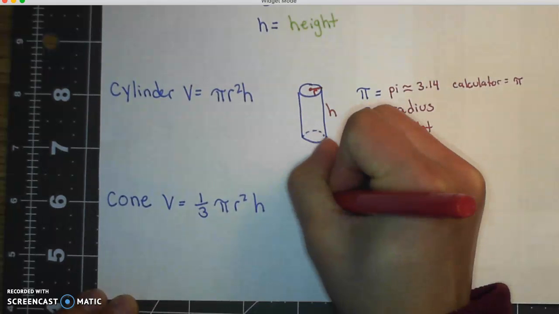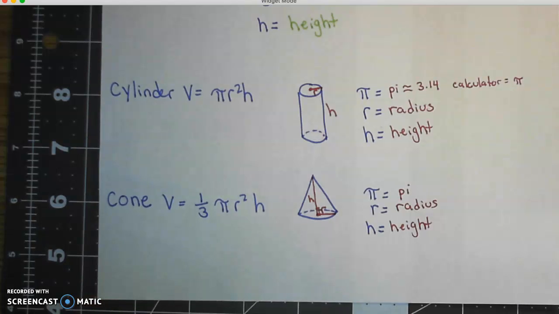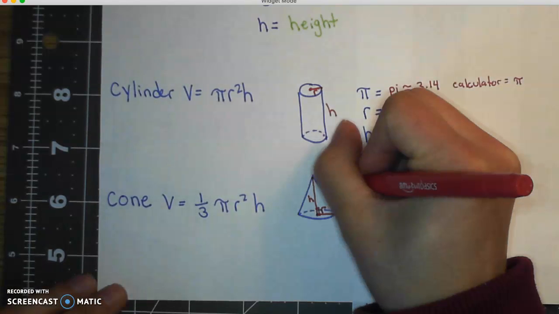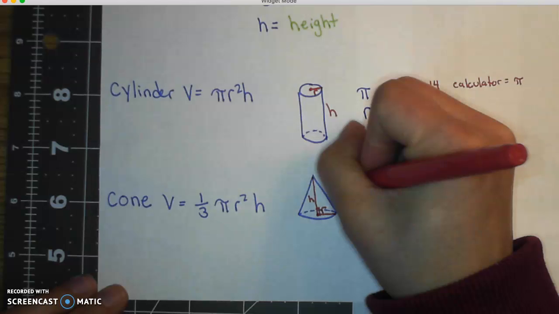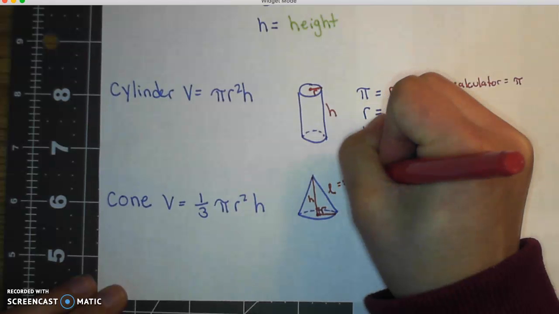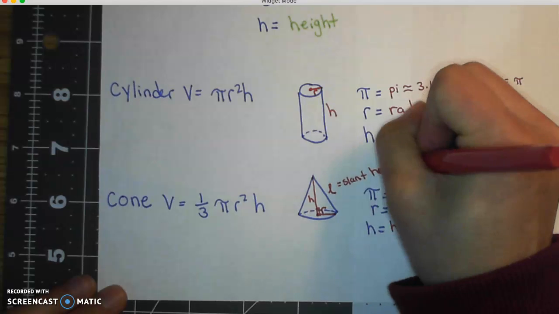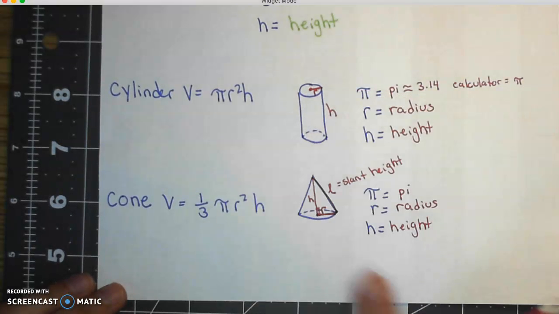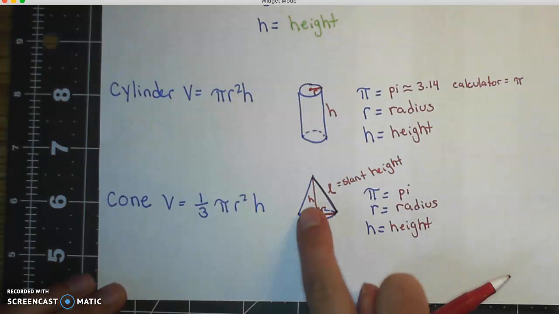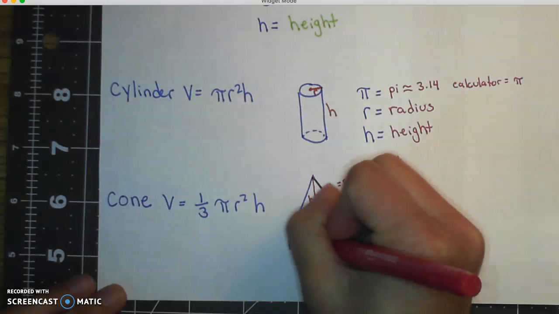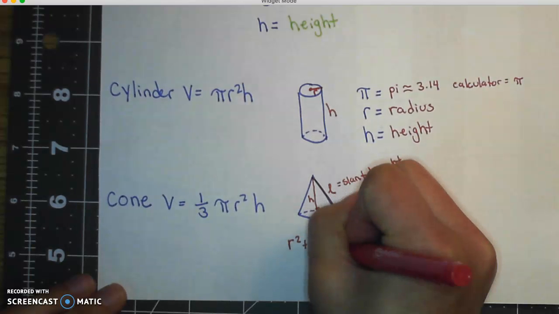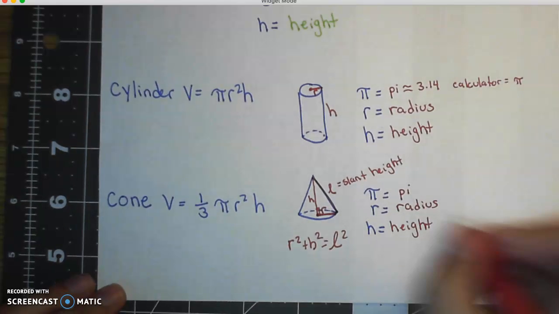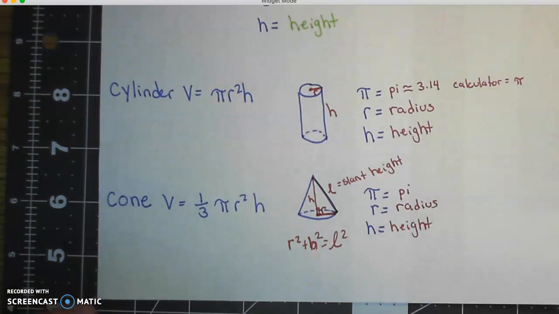This is the height. This number right here is actually a fancy L, and we call this the slant height. Something pretty interesting: if you knew the slant height and the radius and you needed to find the regular height, you could do r squared plus h squared equals L squared, because this is a right triangle. Kind of cool.